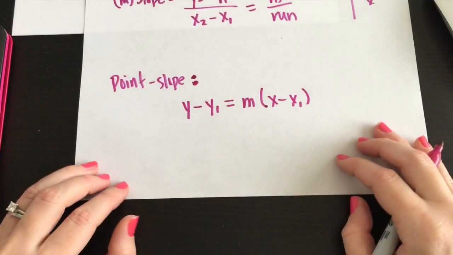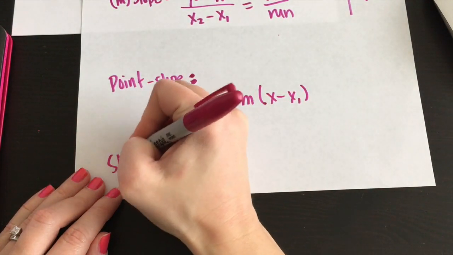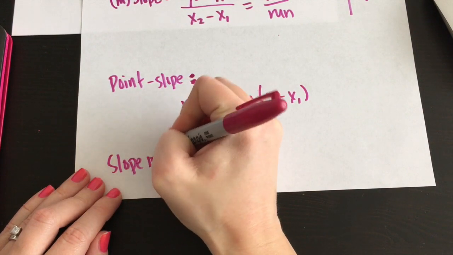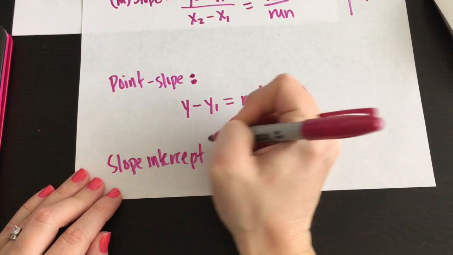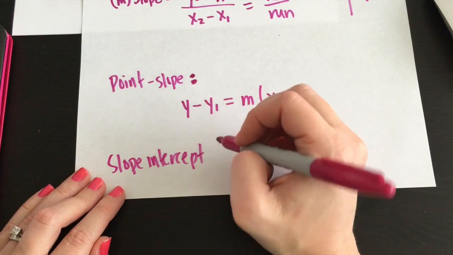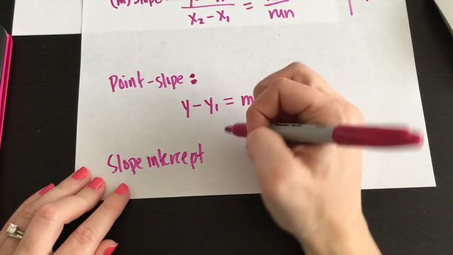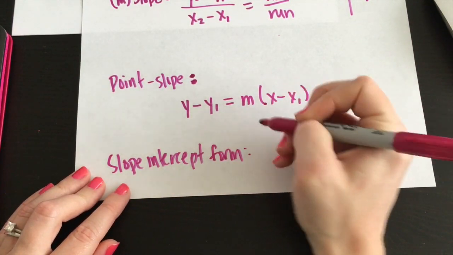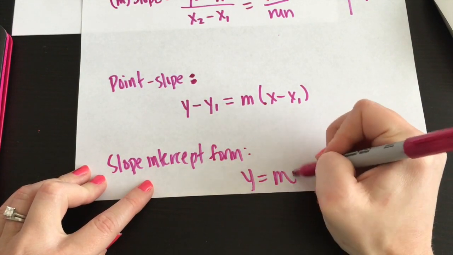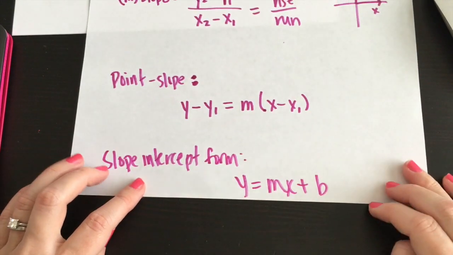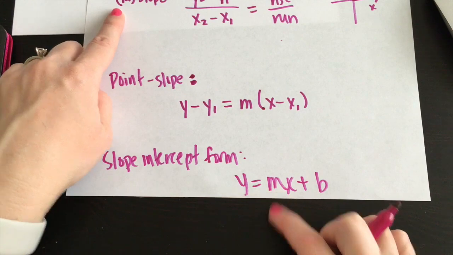And then last but not least, we looked at this one already, slope-intercept form: y equals mx plus b, where m is going to be slope again.